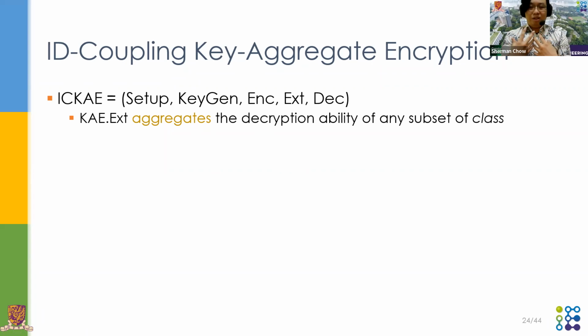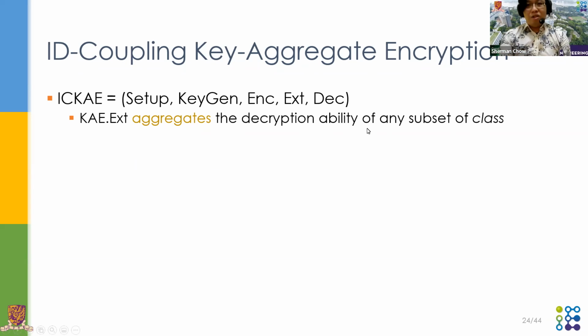Let me talk about the basic so-called key aggregate encryption first. That's an additional feature where the extraction algorithm can produce a so-called aggregated key, in another sense, this key will aggregate the decryption ability for a subset of classes. Notice that I'm still talking about an existing notion that is actually from my co-author paper in the journal IEEE TPDS.